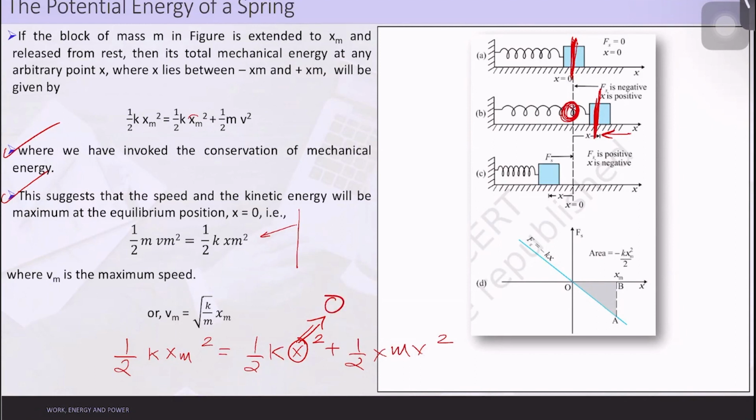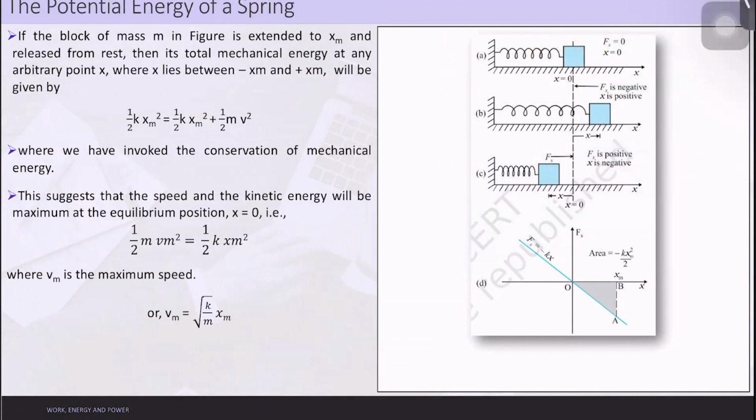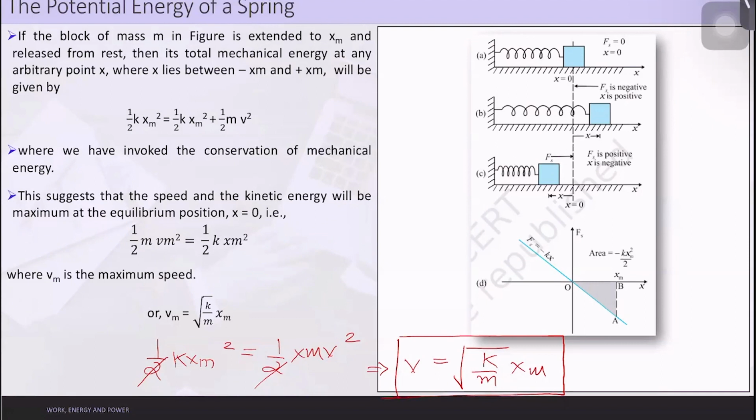Let's put the value of x to be 0 here. Therefore we get half k xm square equal to half m v square. The halves cancel, and we can say directly that this velocity is equal to root over k by m into xm. That's how we understand this using the concept of conservation of energy, and this is the maximum.